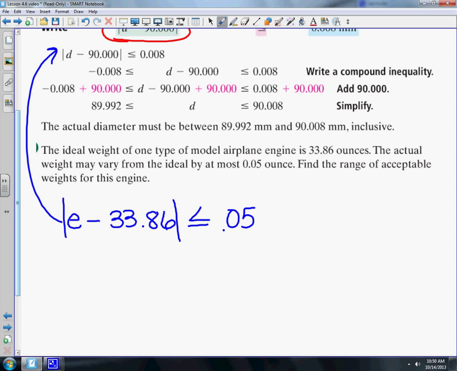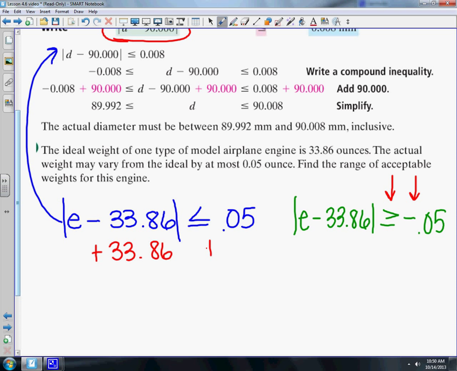Now I have to solve two equations, remember, so I'm going to have E minus 33.86 is greater than or equal to negative 0.05. Remember, I have to change my inequality sign and I have to add a negative. So I have my two equations. I'm going to solve them. I'm going to add 33.86 to both sides.